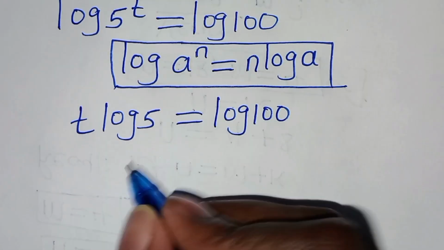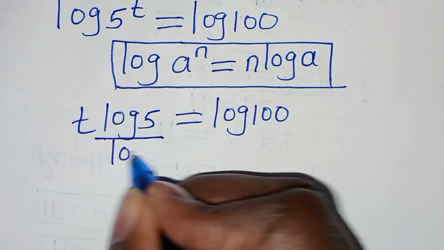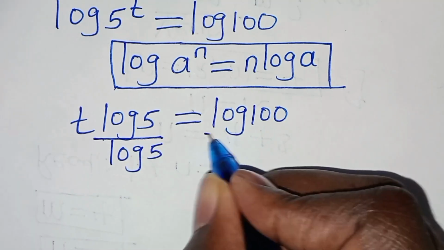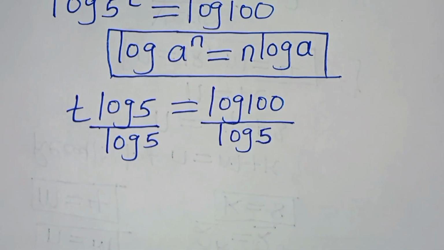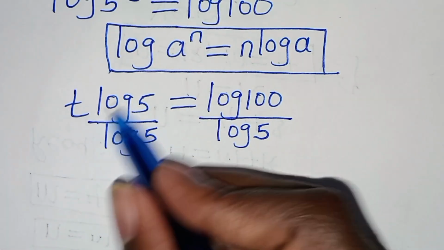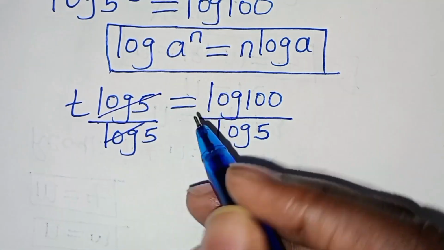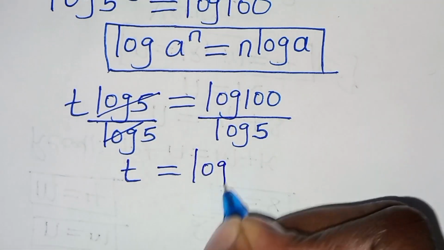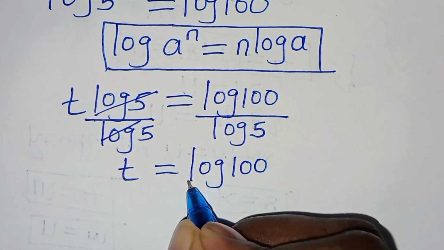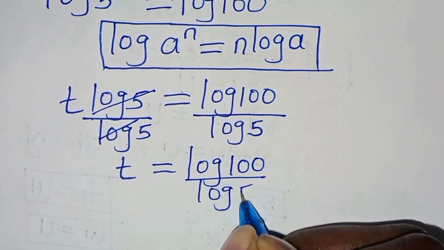Now, the next step from here is to divide both sides by log 5. Let's simplify here. Log 5 divided by log 5 is the same thing as t equal to log 100 divided by log 5.